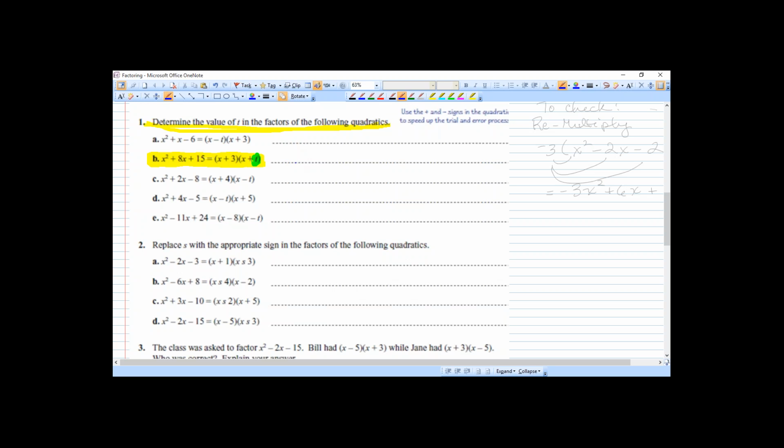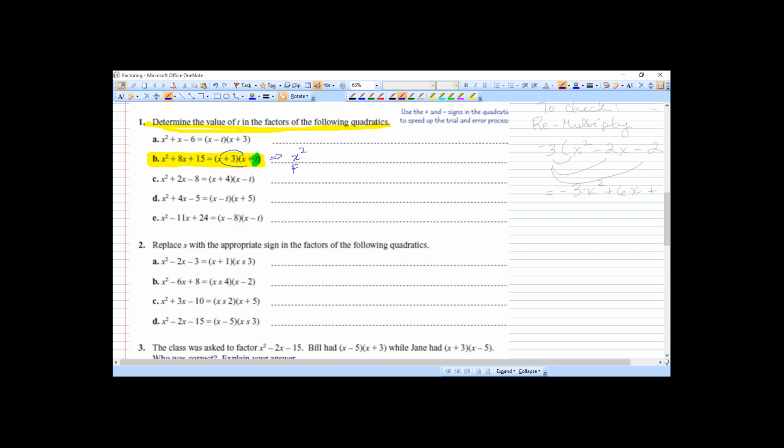So what we're supposed to do is check it. This is what I would suggest you do. First was what? x squared, right? That was our first multiplication. FOIL: what's outer?